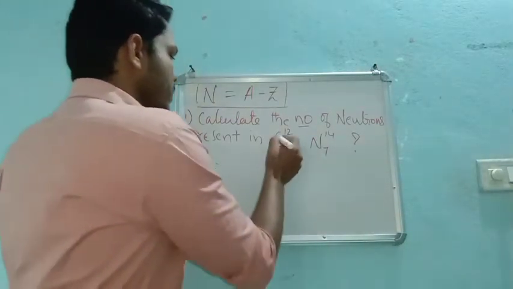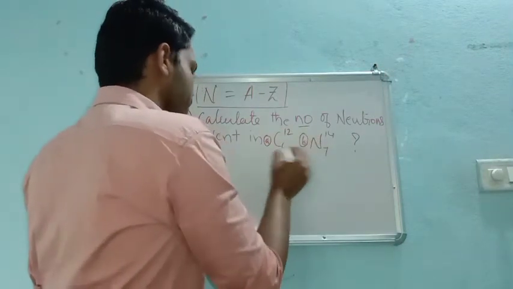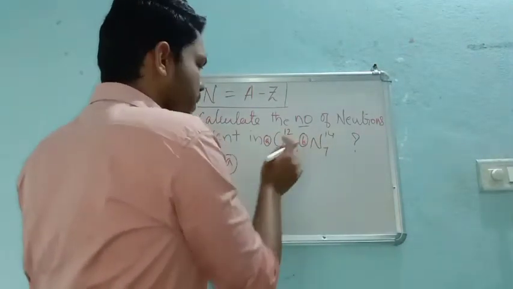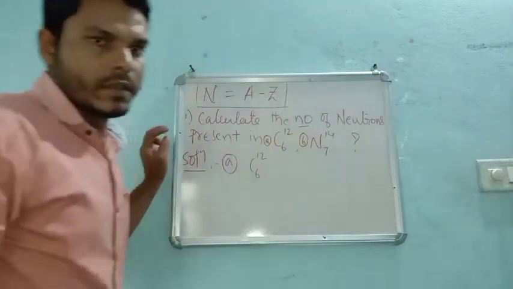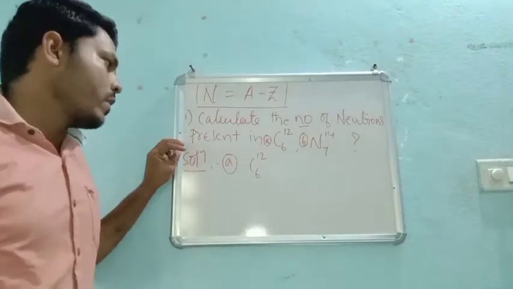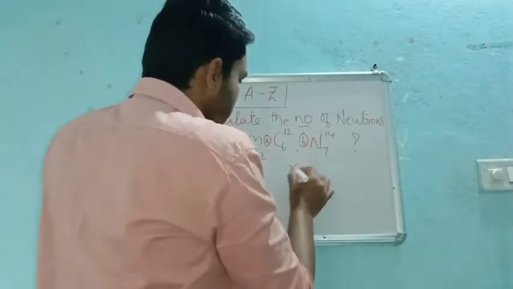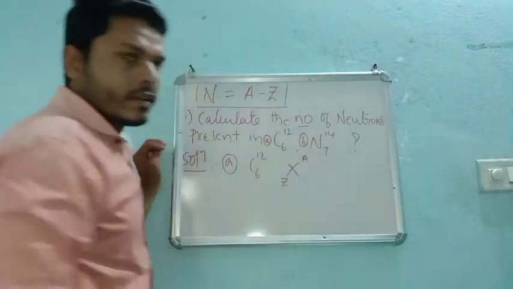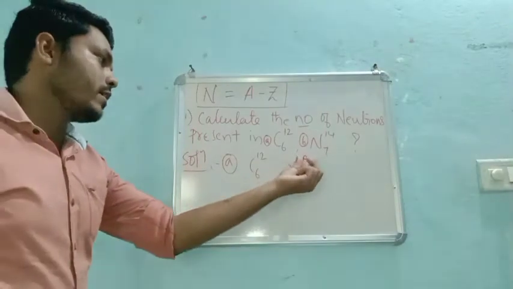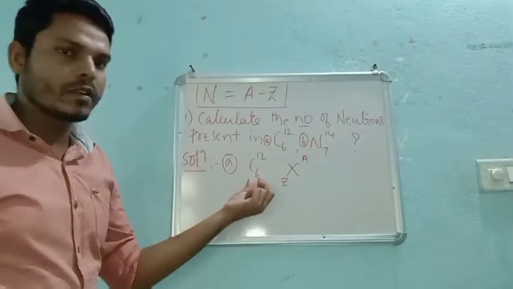See, first you take A, in A we have this example. If you understood, then okay. Otherwise, you once again go like this: A, Z. Directly we can say A is 12, Z is 6.